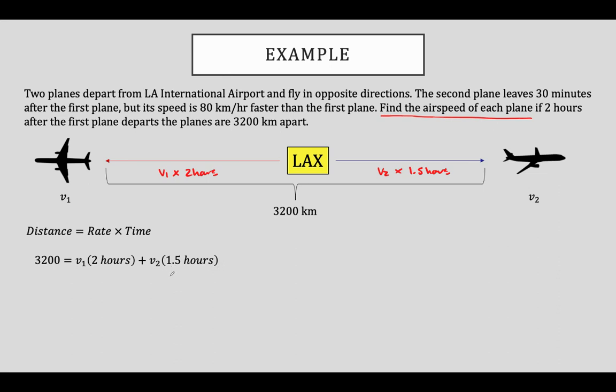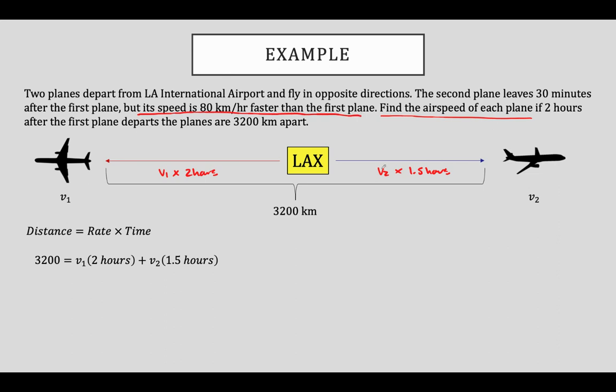Again, we have two unknowns. That means we're going to have to come up with another relationship between our variables. Let's take a look at the second sentence here. The second plane leaves 30 minutes after the first plane, but its speed is 80 kilometers per hour faster than the first plane.